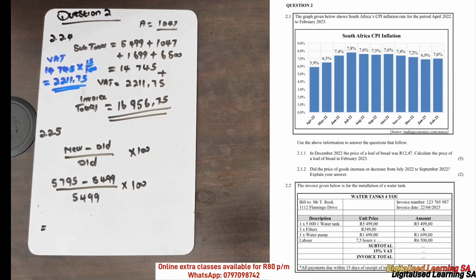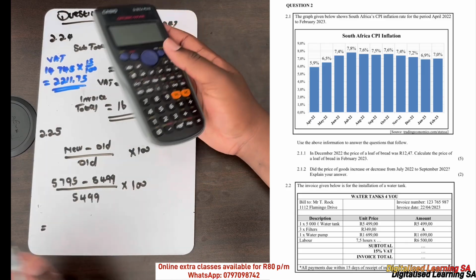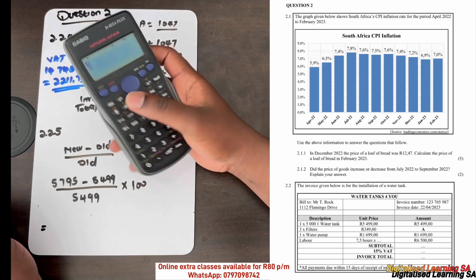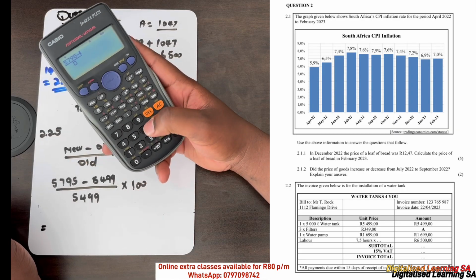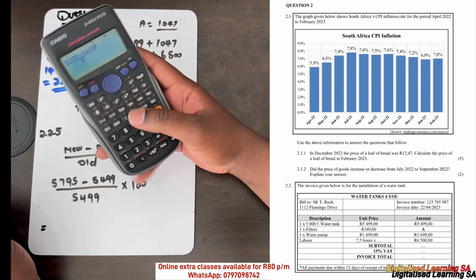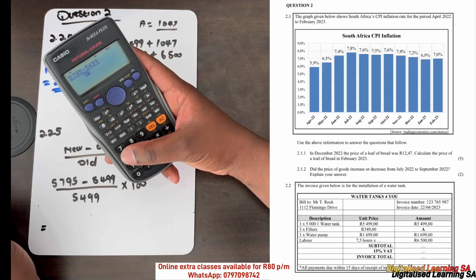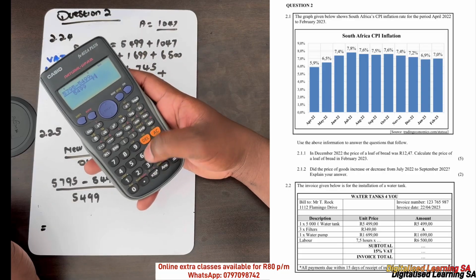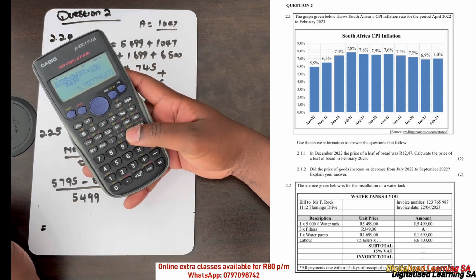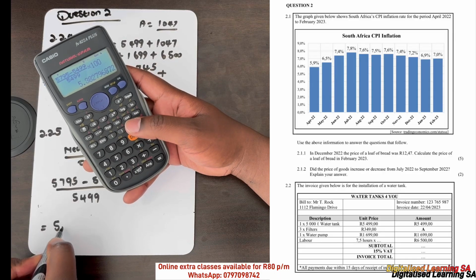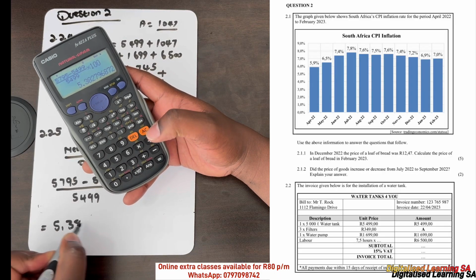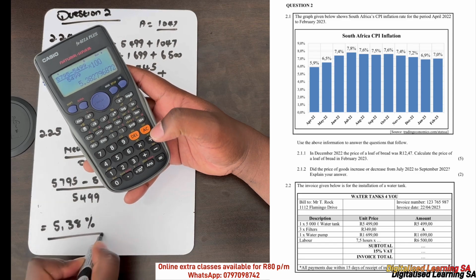So our percentage change will be 5795 minus 5499 divided by 5499 multiplied by 100. So we can see that the percentage change will be 5.38%.